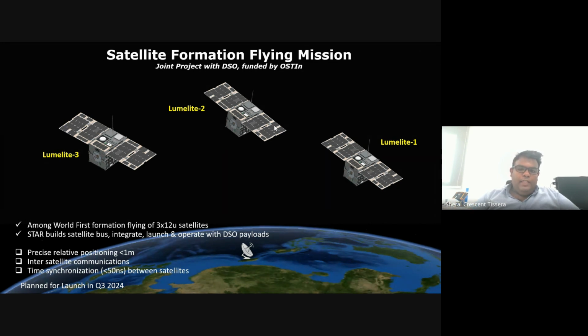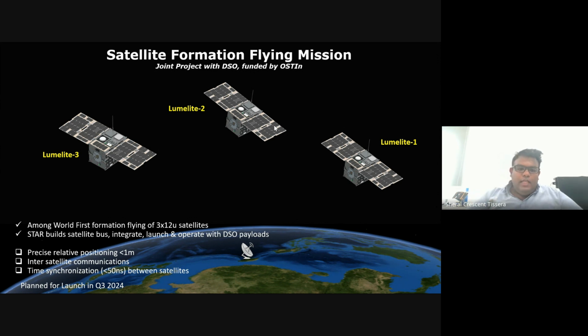Now, this program is one of the world's first formation flying programs using 3 12U satellites, and we are building the satellite bus, performing the integration, launch, and operation activities using payload provided by DSO.